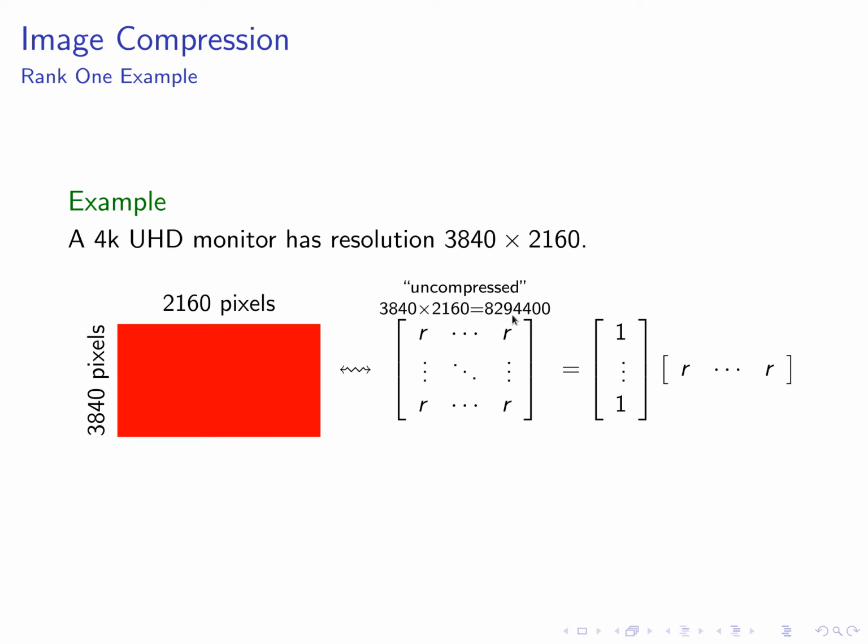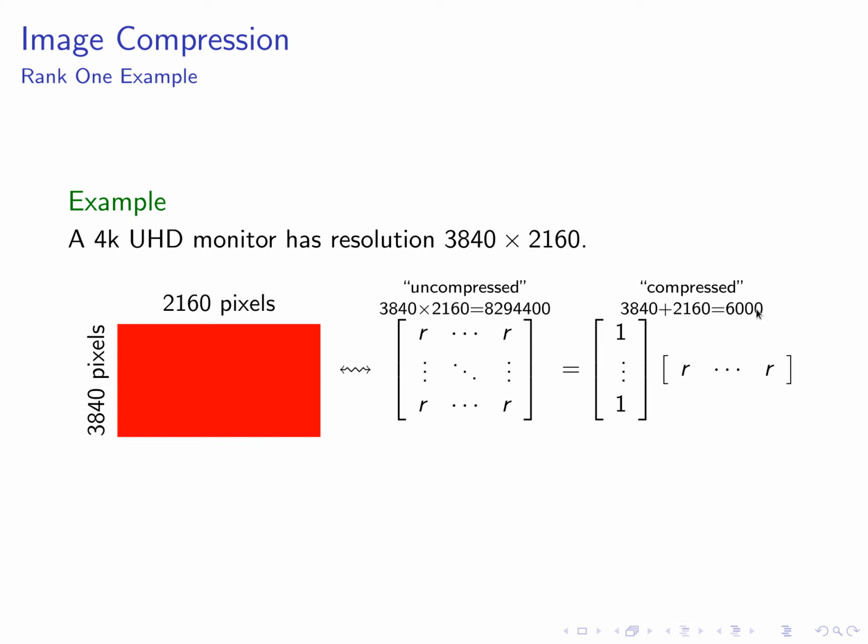So there are between 8.2 and 8.3 million pixels inside of this matrix. However, when we factor the matrix, the first matrix has 3,840 entries, and the second matrix has 2,160 entries. When I add the pieces of information up, I get 6,000.